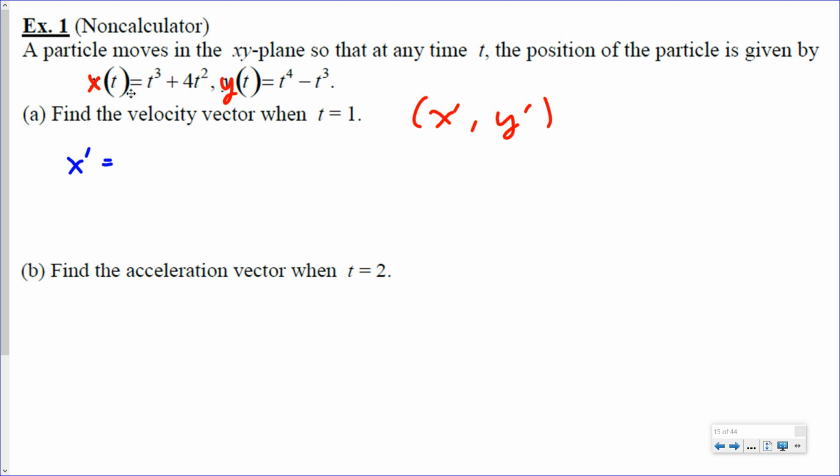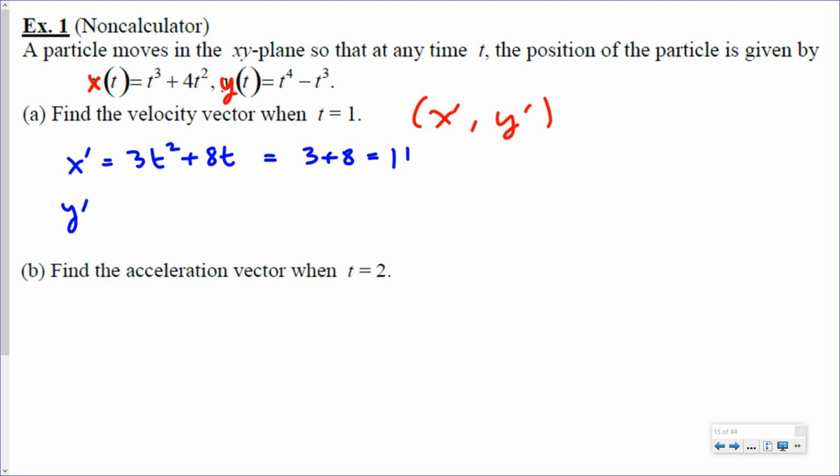Sure. x prime is the derivative of x, which is 3t squared plus 8t. Actually, I want x prime at 1. If I plug in time as 1, I get 3 plus 8, so I get 11.